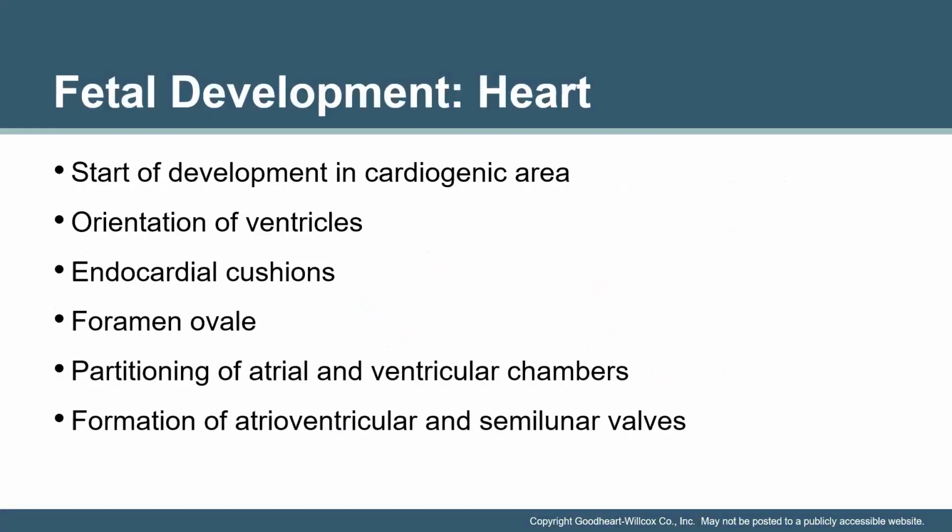So the fetal development of the heart will be the start of the development in what's called the cardiogenic area. The heart's development actually starts from tissue called mesoderm around day 18.